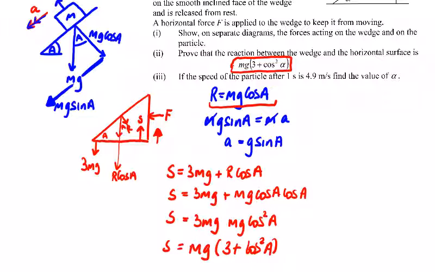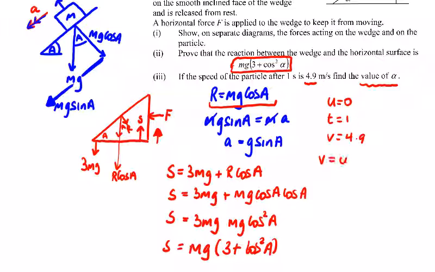And if the speed of the particle after 1 second is 4.9 meters a second, find the value of alpha. So it starts from rest, and t is equal to 1, v is equal to 4.9. So v is equal to u plus at, and we have a, don't we, here, g sin alpha.